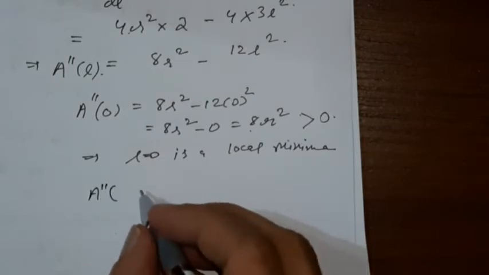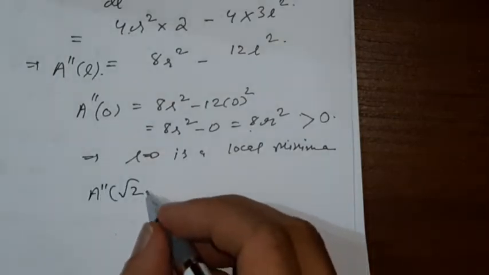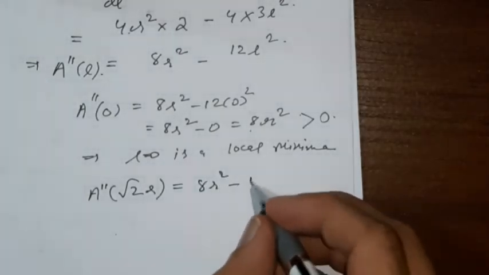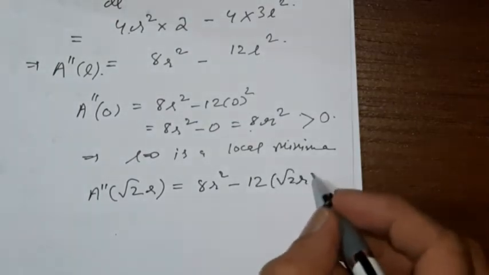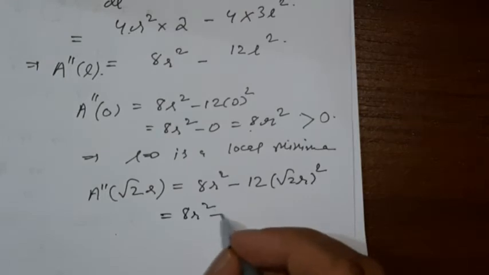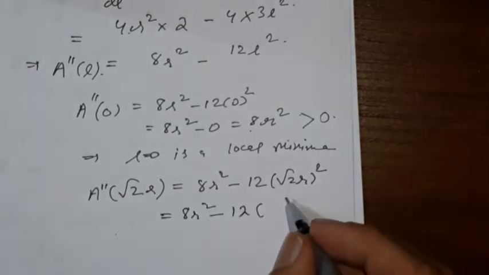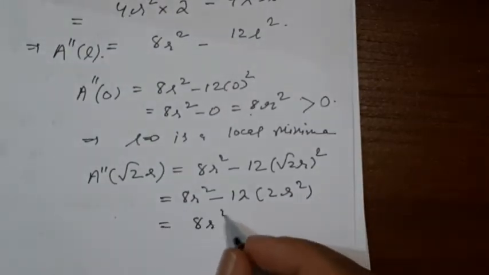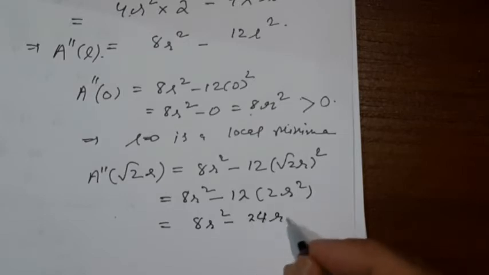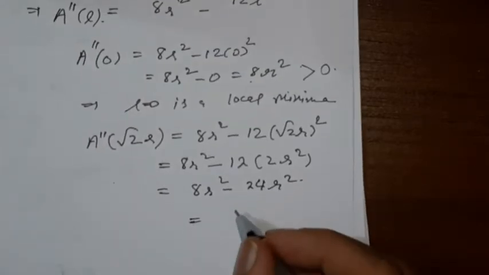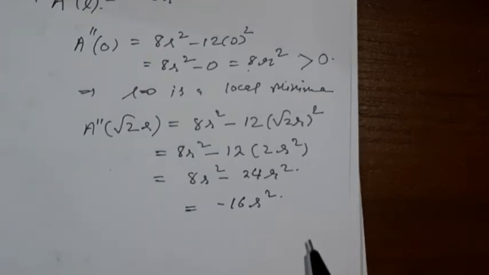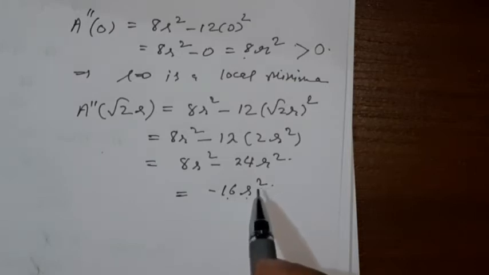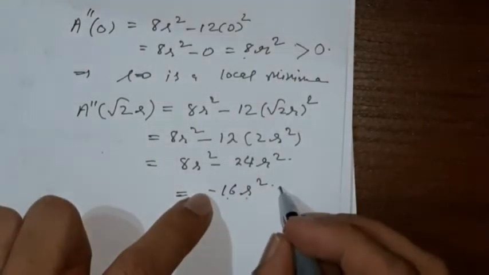So for the next critical point we have to check. A double prime at root 2r is equal to 8r square minus 12 times root 2 square r square. Root 2 square is 2, so you will get 8r square minus 12 times 2, which is 24r square, which is nothing but minus 16r square. 16 is positive, r square is also positive, and the negative of a positive quantity is negative.